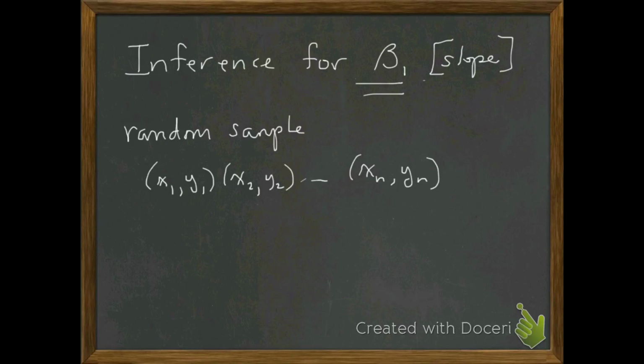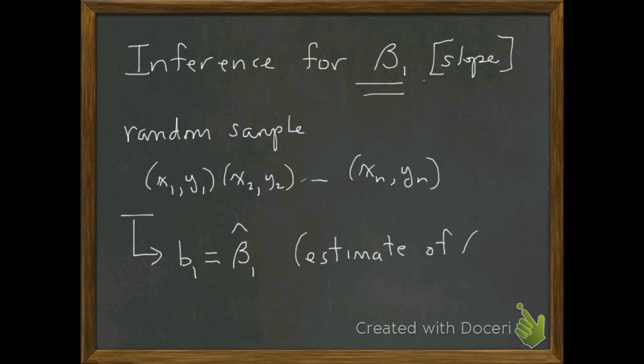We use our sample to create B1, which we sometimes look at as beta 1 hat, which is, of course, our estimate of beta 1. And we've looked at a variety of techniques there.